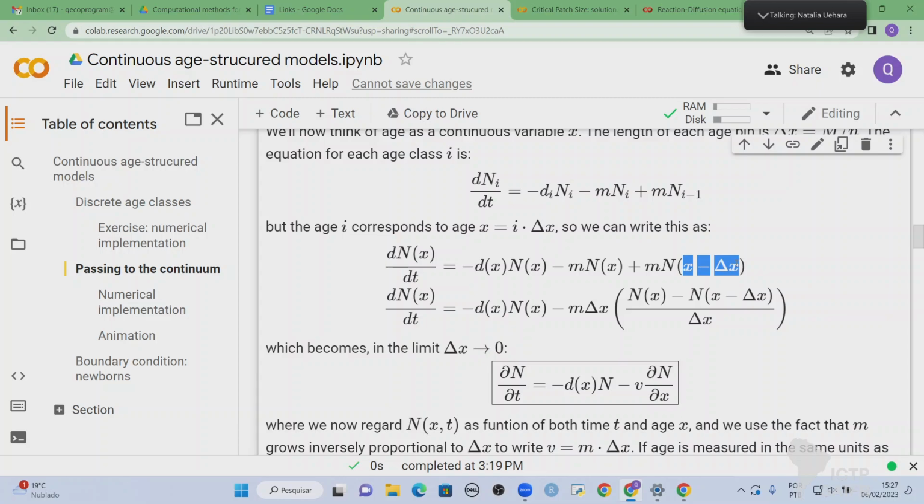The age of the previous age class is x minus delta x, right?